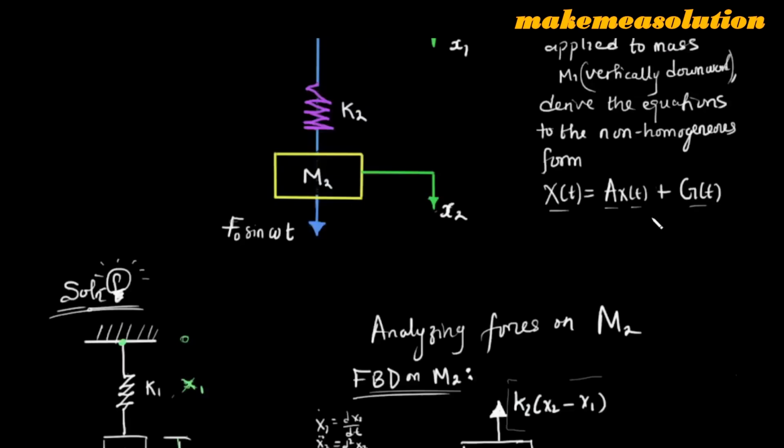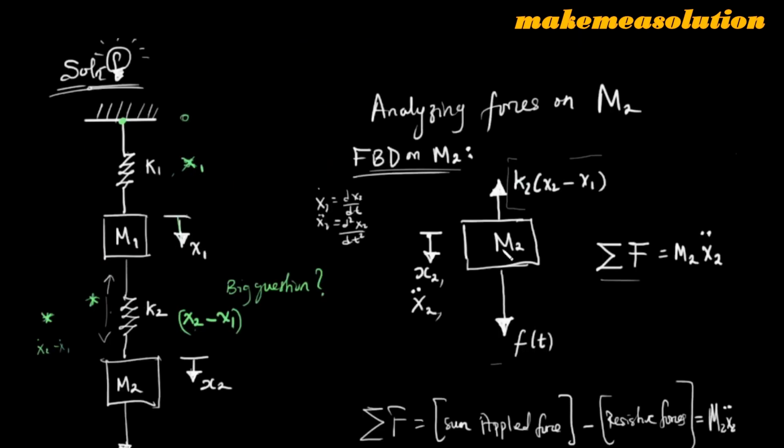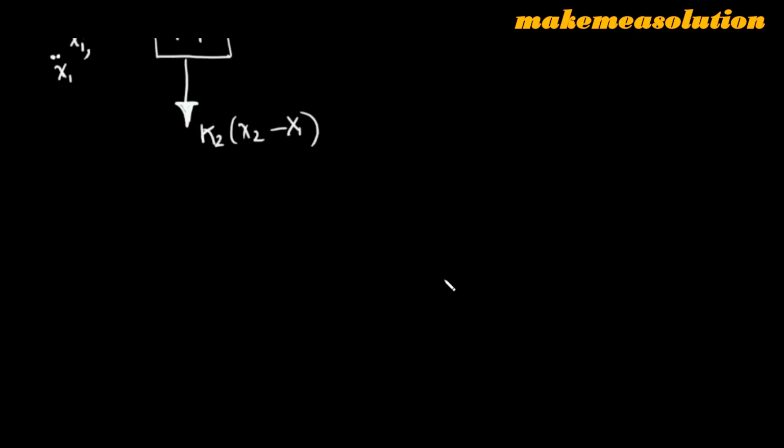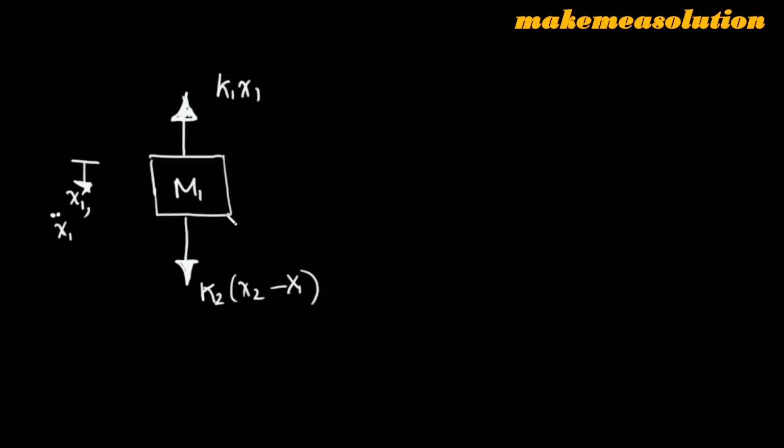So the restoring force on m2 in this direction is the force m1 feels in the opposite direction. So this is how we get the free body diagram of forces acting on m1.